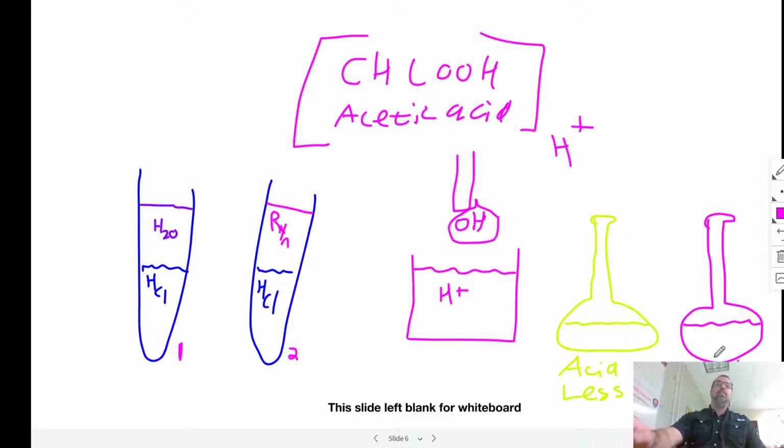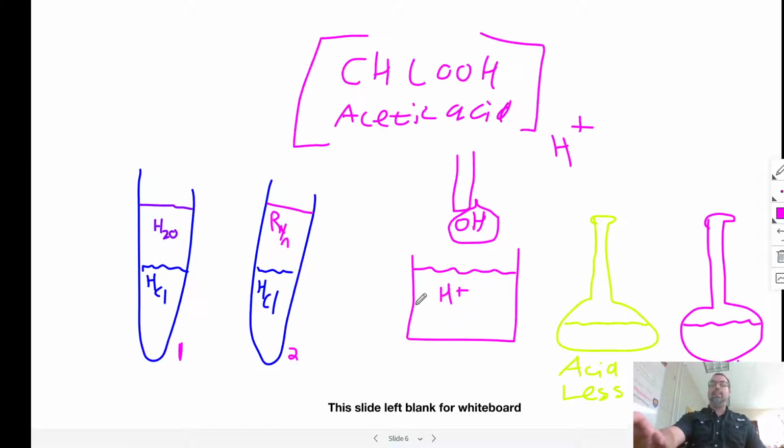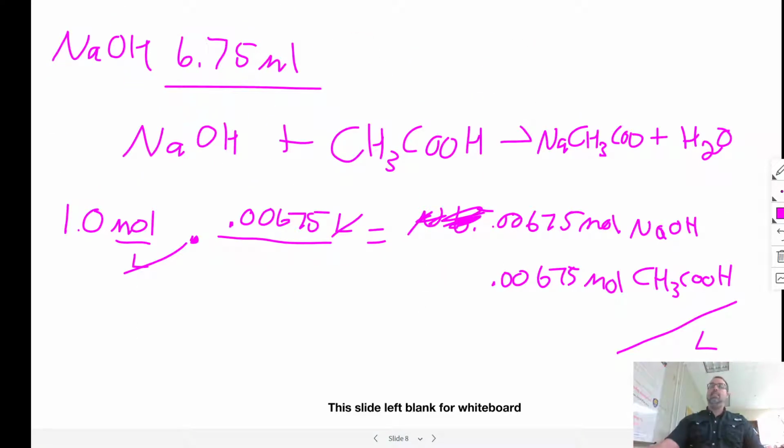Okay? Now remember, in all of our test tubes, we ended up making it so that we had 10 milliliters total. Okay? Since we have 10 milliliters total, we can go ahead and divide this by 10 milliliters. And we have to do the same thing as we did before, where we convert this milliliters into liters.